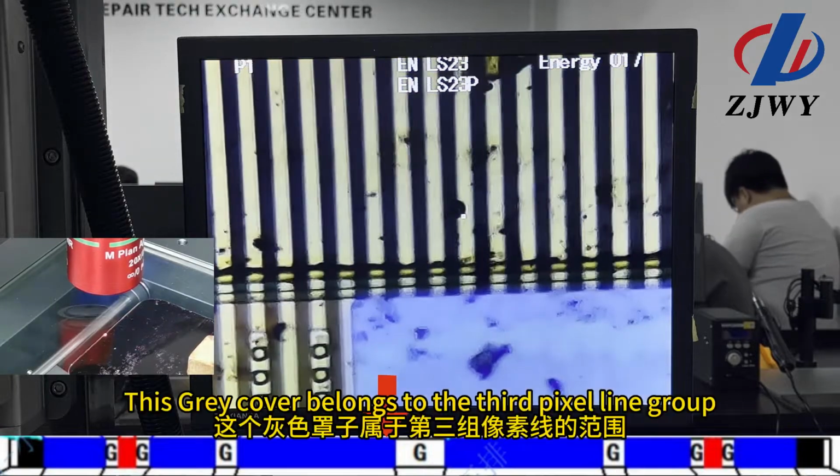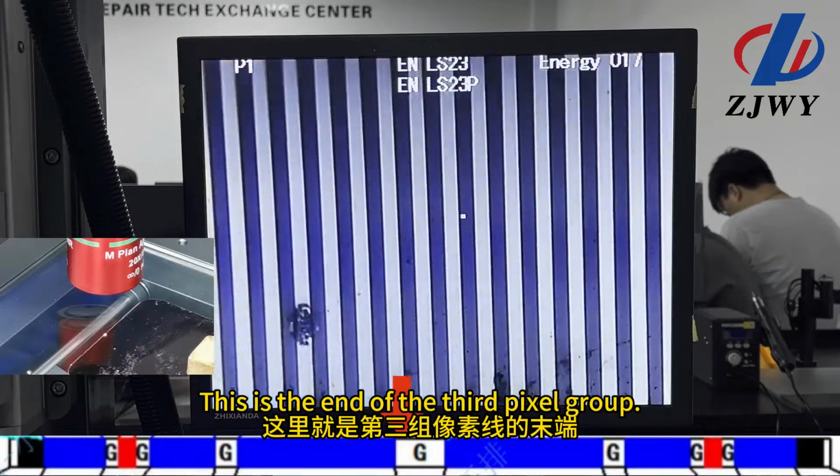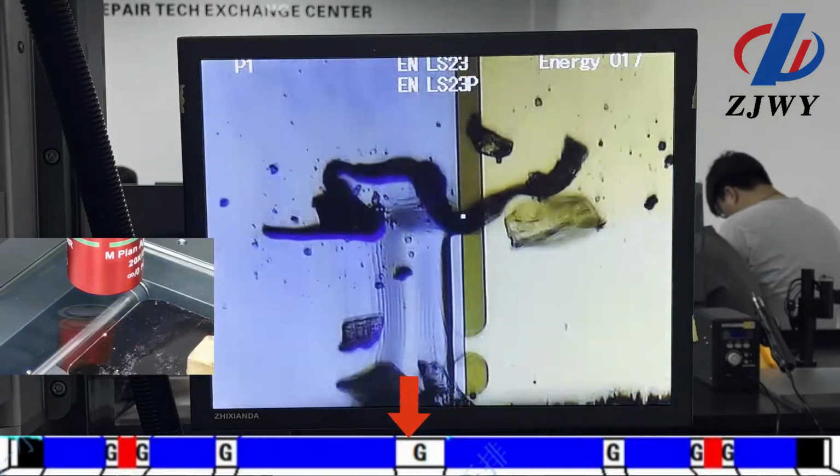This gray cover belongs to the third pixel line group. This is the end of the third pixel group.